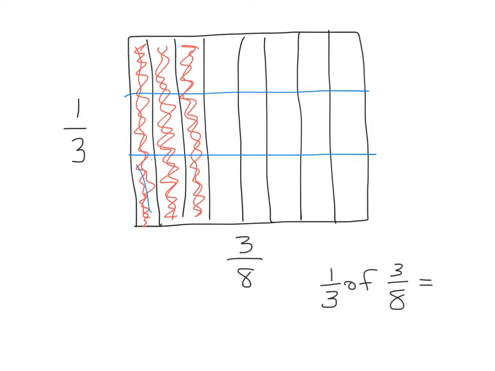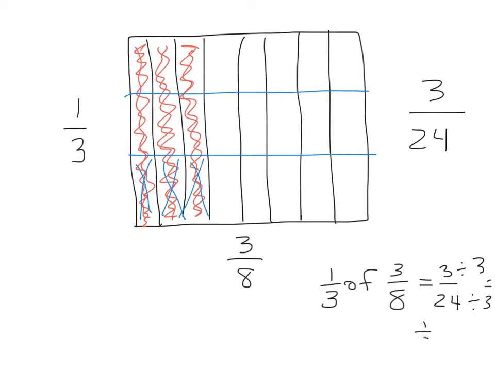So I've got 1, 2, 3 bars in that 1/3 down here. So I've got 3 bars, and I made 8 times 3 little pieces, which is 24 little pieces. So I've got 3 24s. Simplifying that, dividing those both by 3, I have a final answer of 1/8.